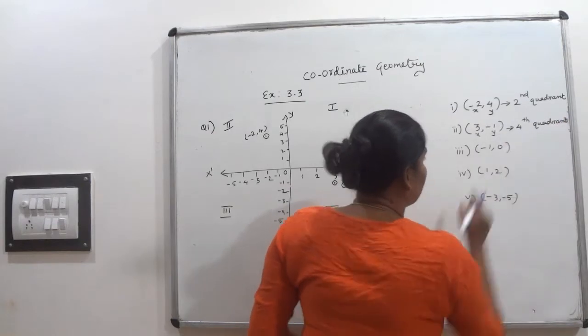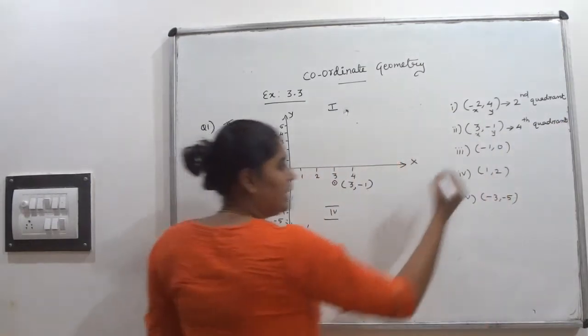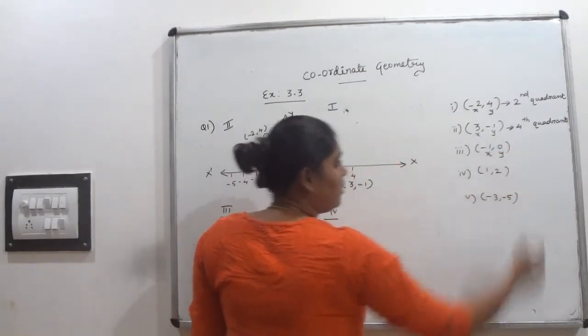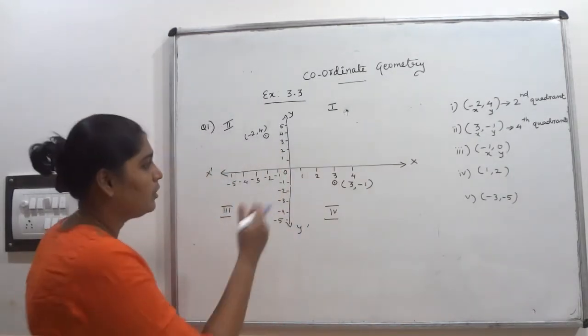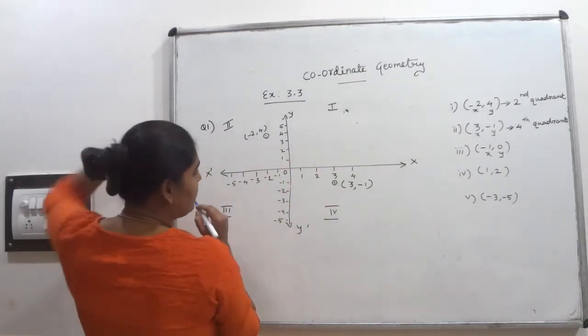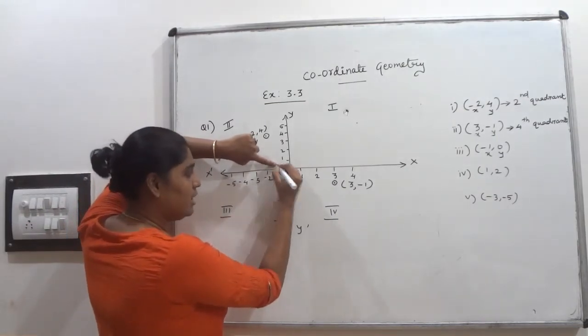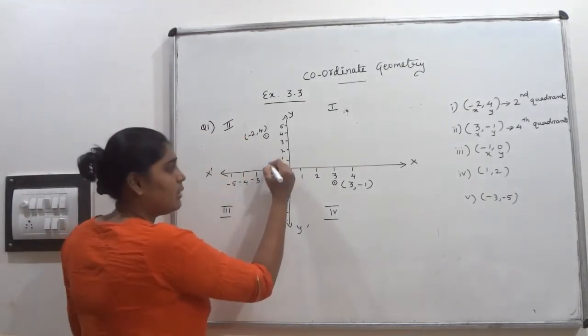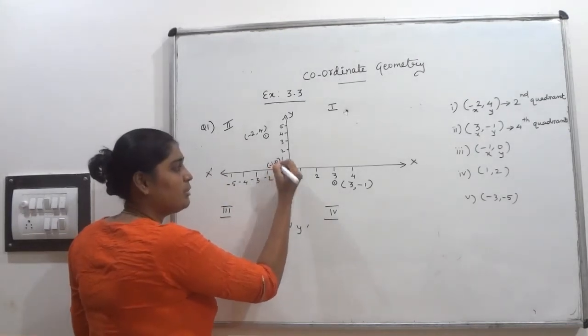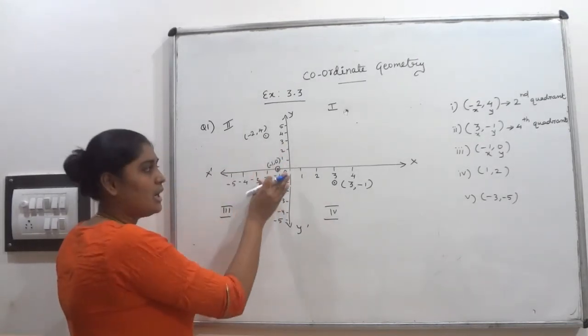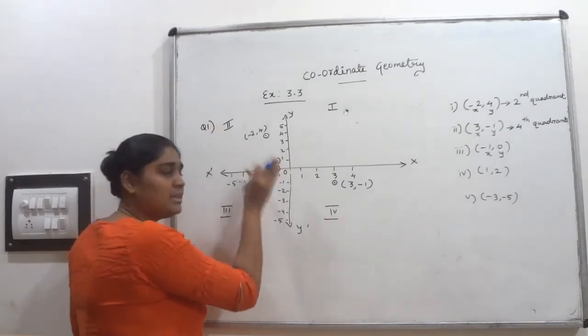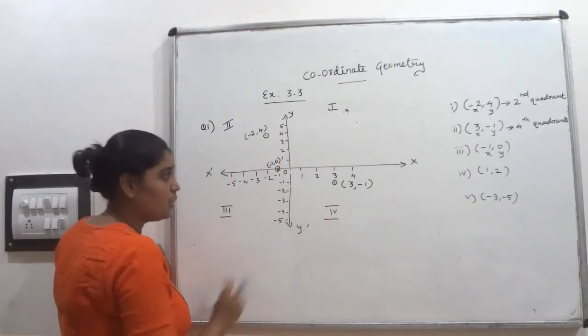Okay, the third one, (-1, 0). Minus 1 on the x-axis, and y is 0. So that point will lie here. We write minus 1, 0, because there is no y value, so minus 1 on the x-axis is the point.